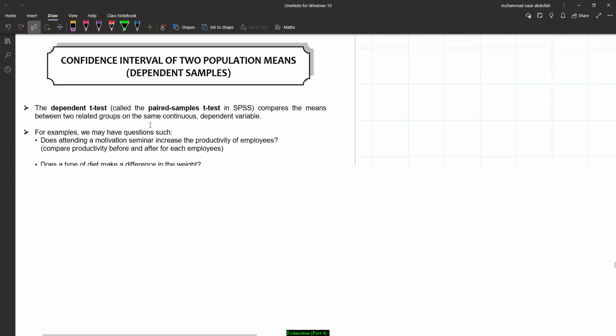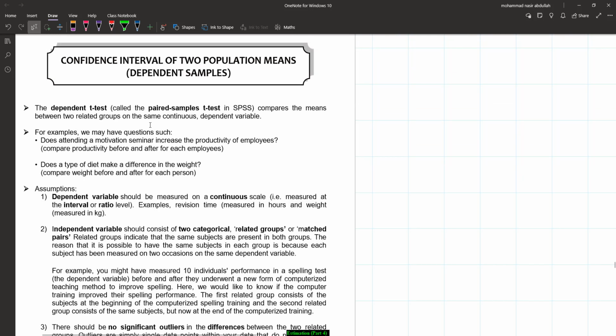Dependent sample, as I said before, what's the difference between dependent and independent? Independent means that the observations in the two groups are not related, right? So a student in group A and a student in group B are different students.